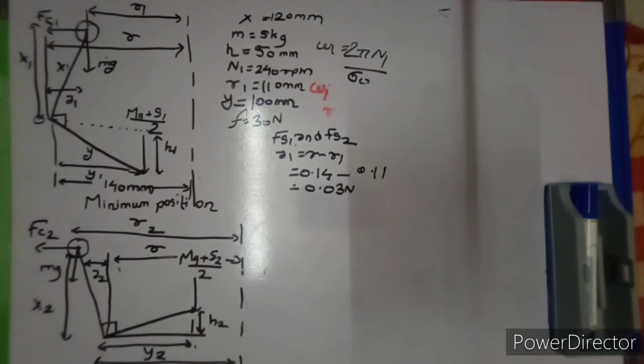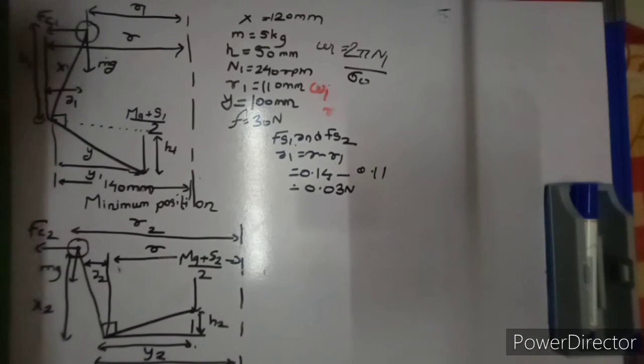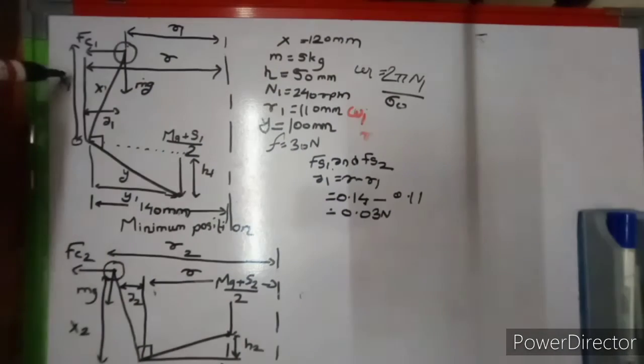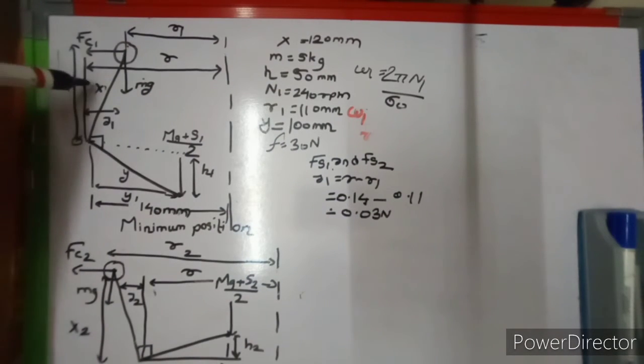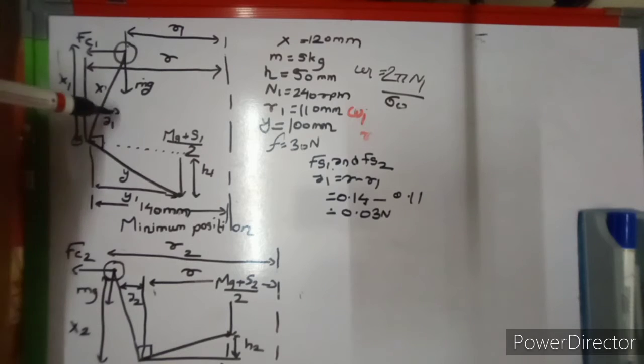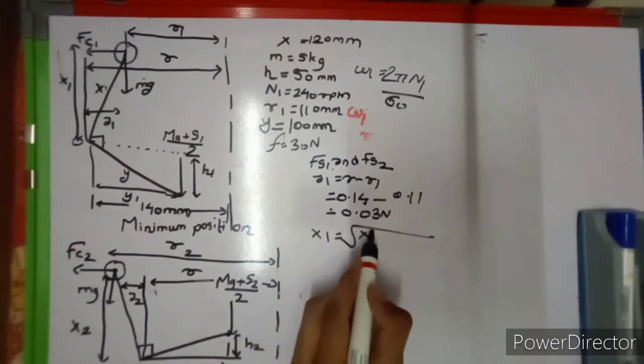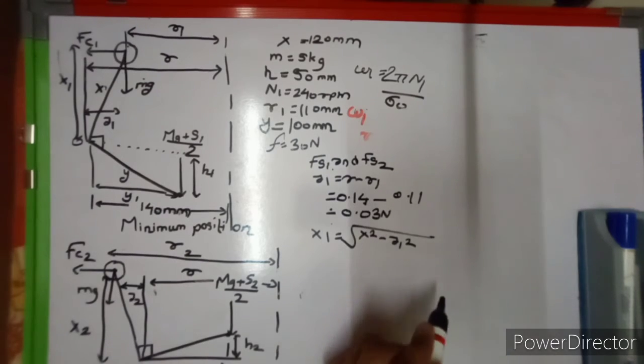Now in this triangle, x1 is equal to root of x square minus a1 square. That is by Pythagoras theorem.